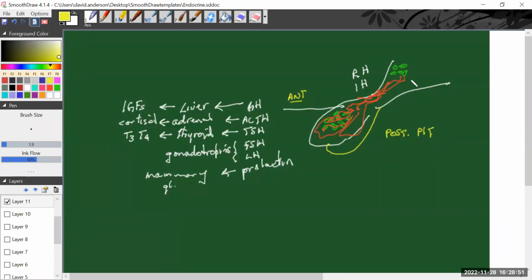So we had neurons up in the hypothalamus that produced these hormones. Our turquoise ones are going to be the ones that produce oxytocin, and our yellow ones produce the other hormone, ADH.